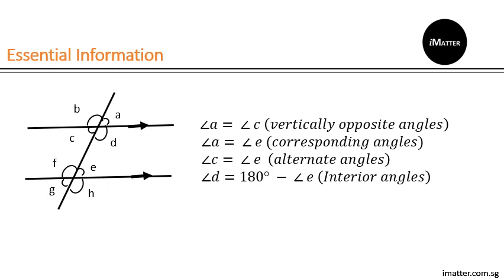An example of a pair of vertically opposite angles will be angle A is equal to angle C. An example of corresponding angles will be angle A equal to angle E. Another example of alternate angles will be angle C equal to angle E. And lastly, a pair of interior angles will be angle D and angle C.